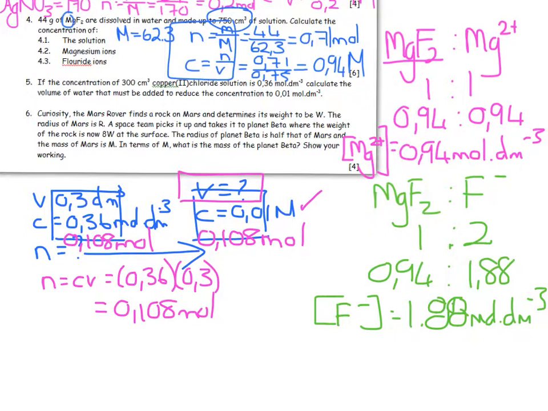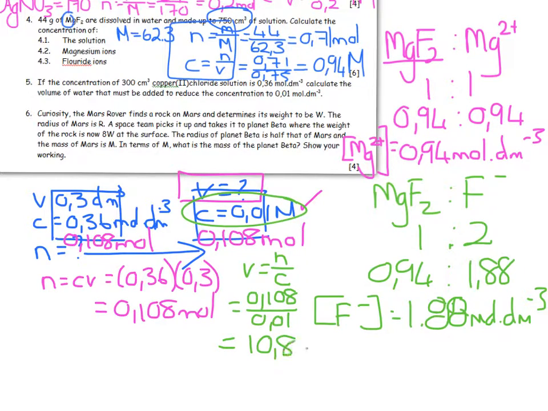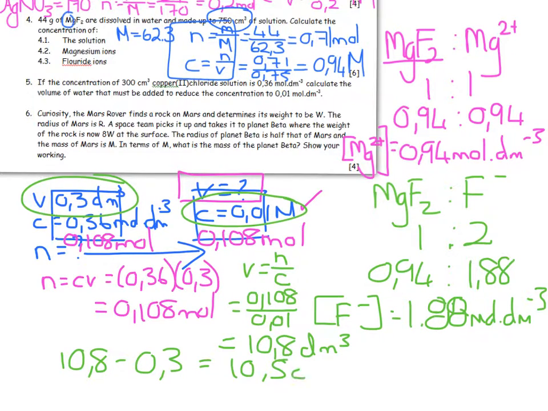So volume is number of moles divided by concentration, and it's 0,108 divided by 0,01, because that's the concentration that I'm looking for, and I find my volume comes out to be 10,8 decimeters cubed. But I already had 0,3 of those, so how much water must I add? 10,8 minus 0,3 is 10,5 decimeters cubed that I would need to add to that solution.